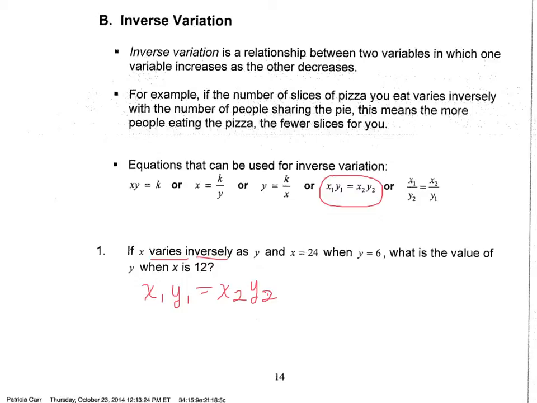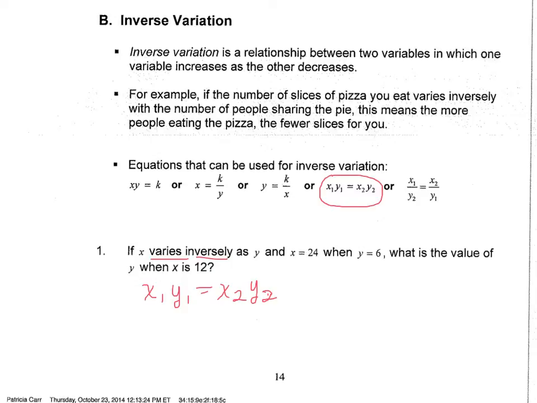Okay, with that being said, if x varies inversely as y, and x is 24 when y is 6, what's the value of y when x is 12? All right, how do I know who's x1, y1, and who's x2, y2? Well, it's very easy. The first x value you see is x1, and the first y value you see is y1.